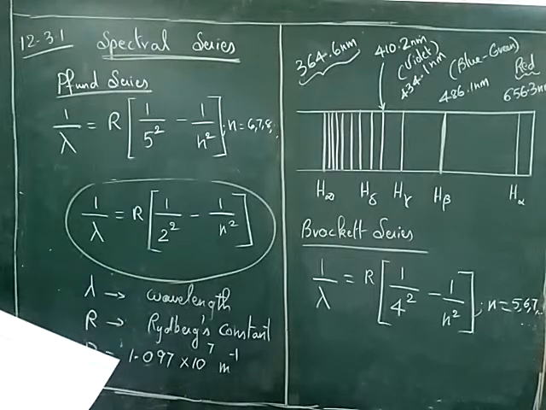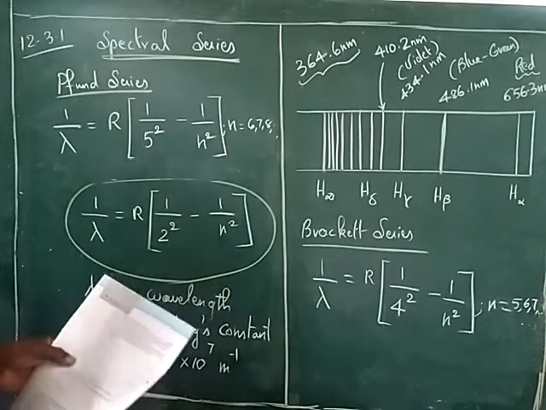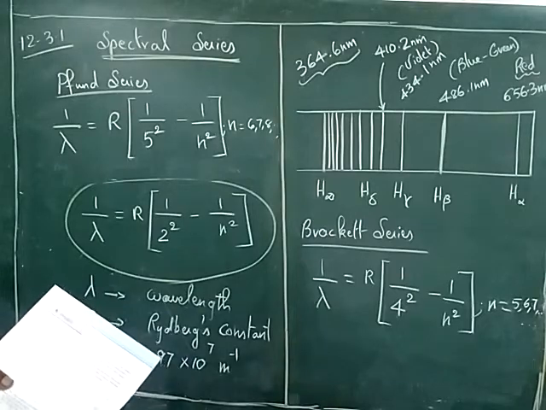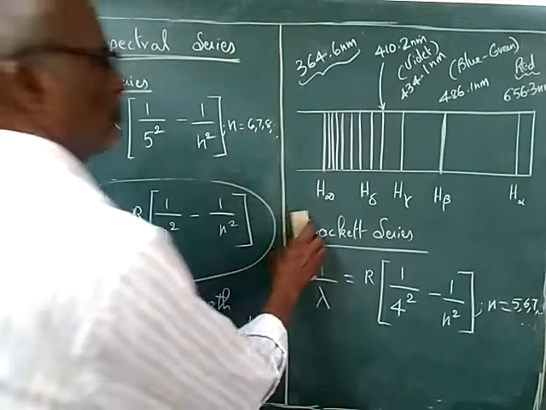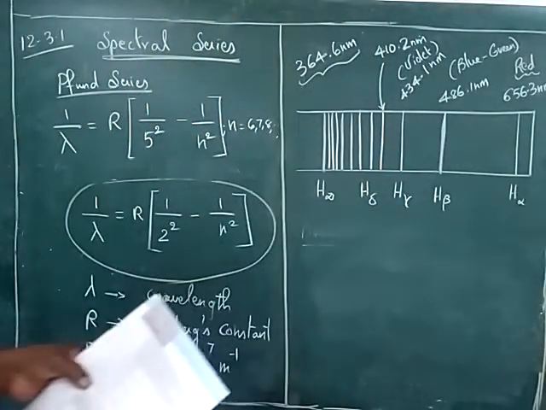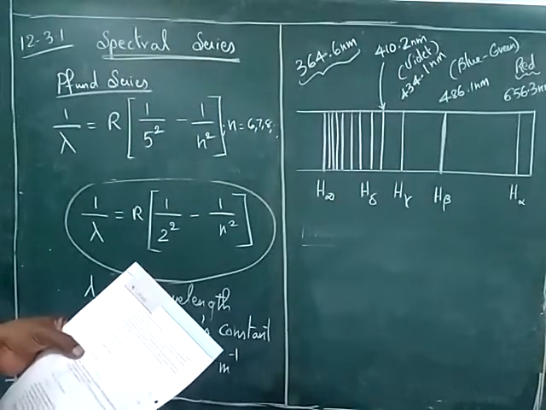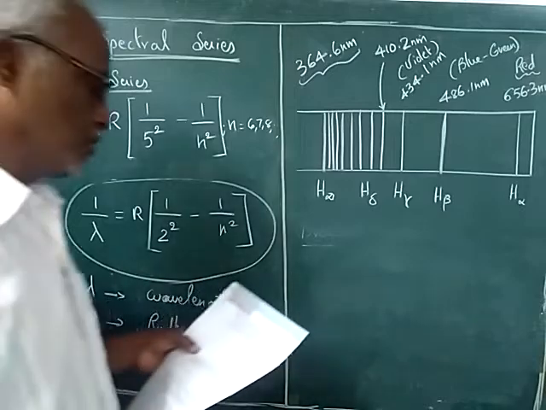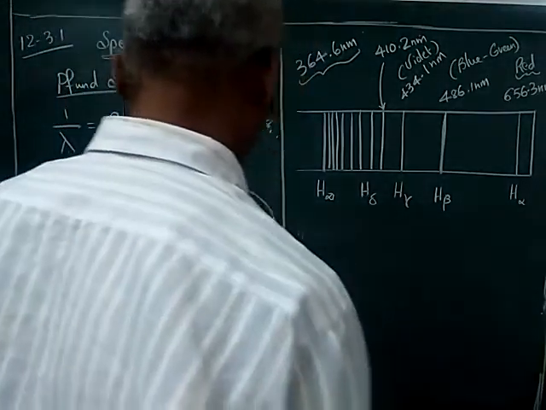Now, the Lyman series: we just found 1 by lambda is equal to R into 1 by 1 square minus 1 by n square.